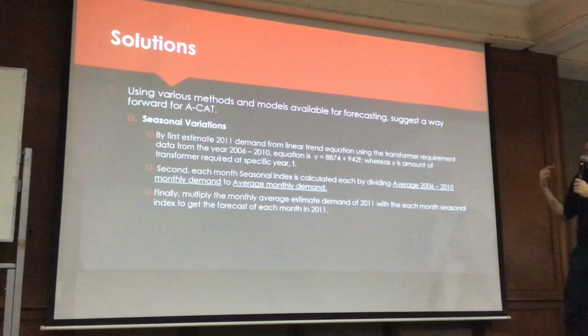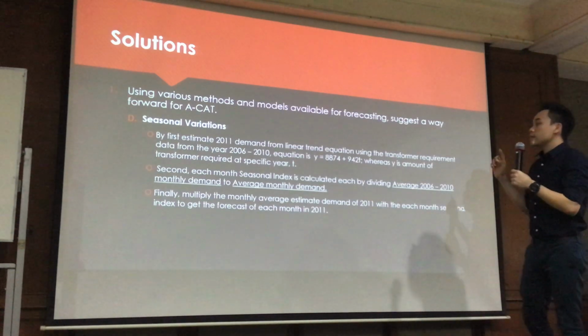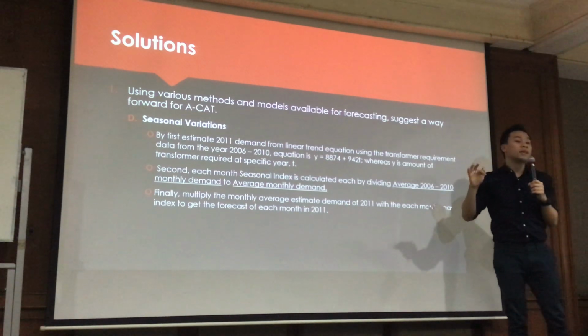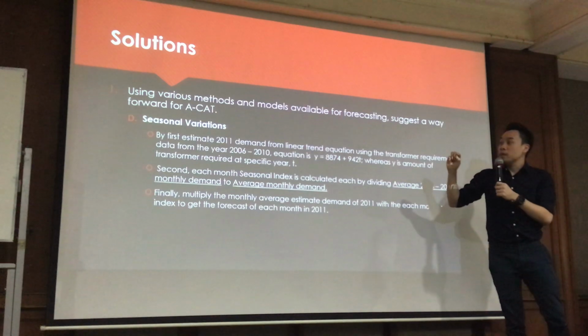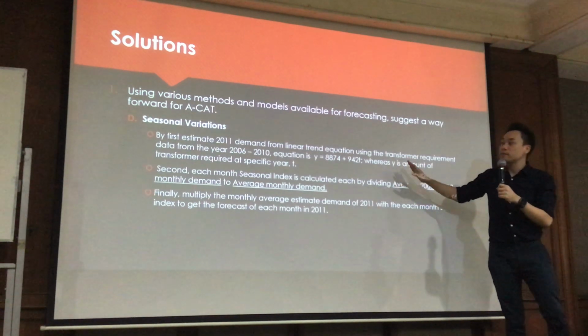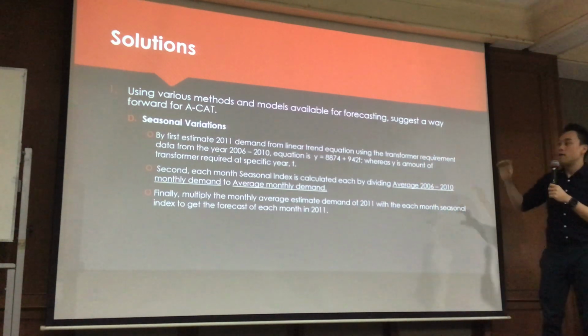Finally, we come to the last one, where we use the seasonal variation. Because the data given from the case study is kind of seasonal, we came up with this method. I'm going to explain step by step how we did it.